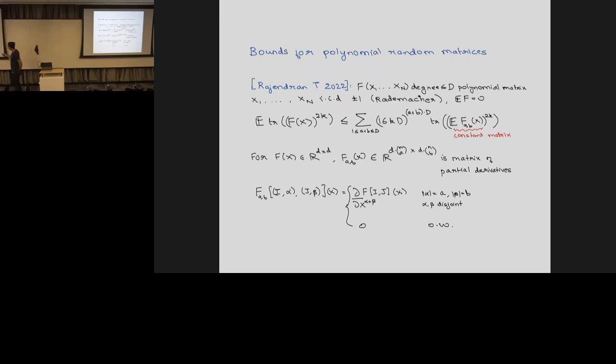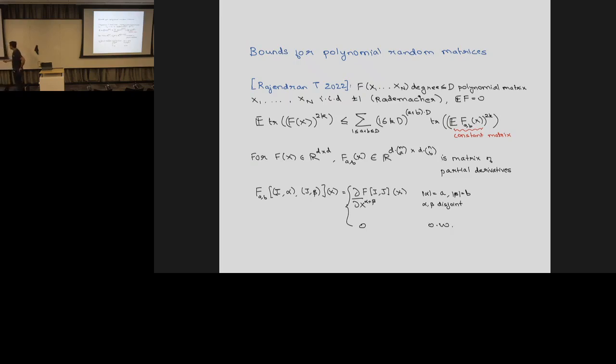But importantly, these are expectations of some random matrices. So these are fixed constants. There is no randomness here. Okay? And I can understand this by these constantly many matrices which have no randomness in them.